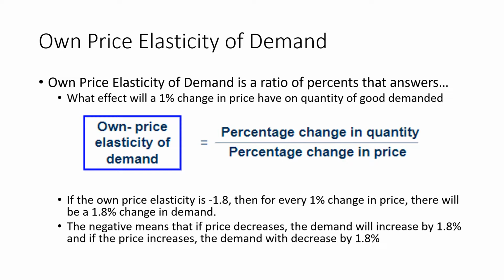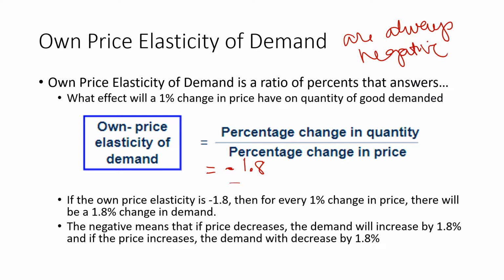So basically, if this value is equal to negative 1.8, and own price elasticities of demand are always negative, we can assume that if there is a 1% change in the price, increasing or decreasing, there will be a 1.8% change in demand.